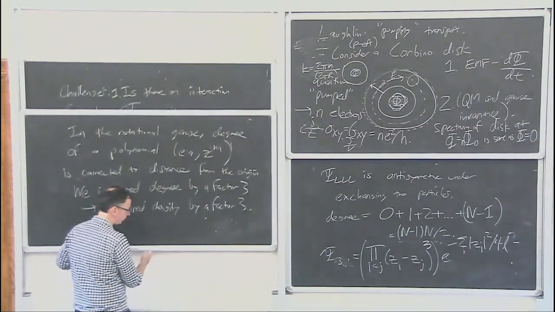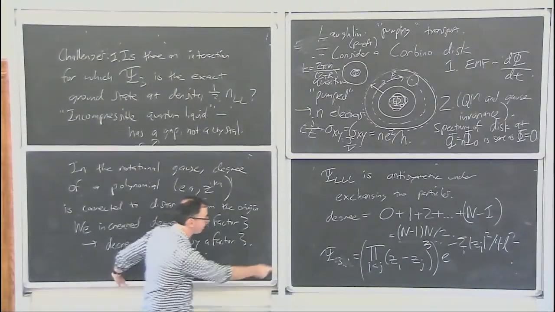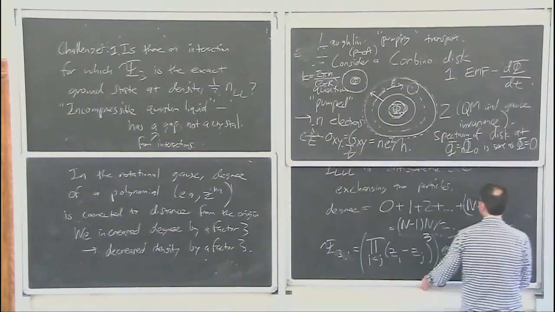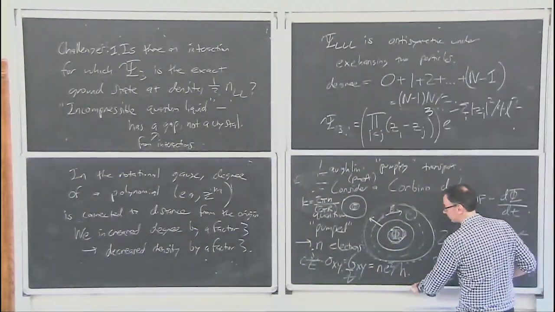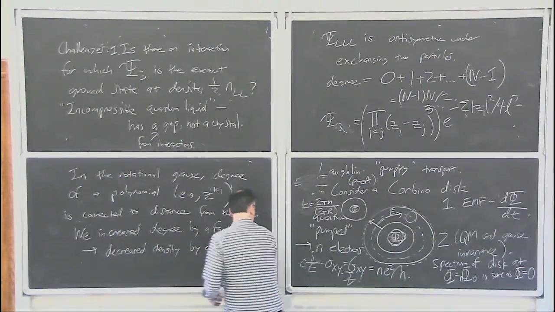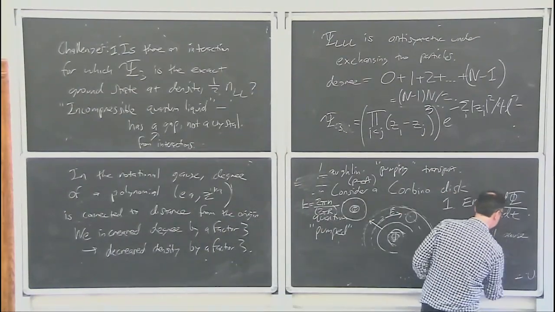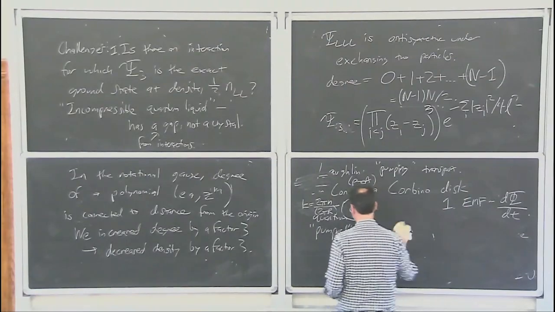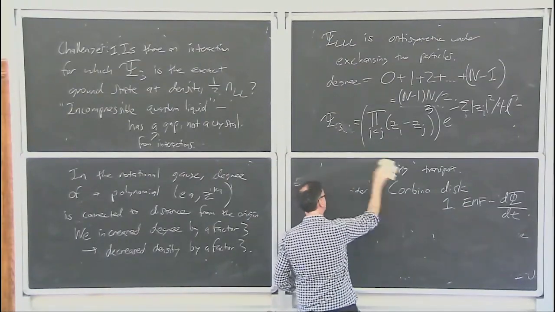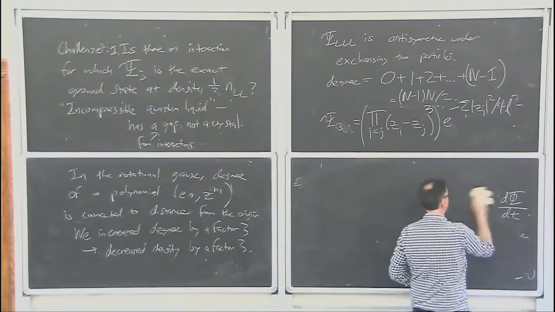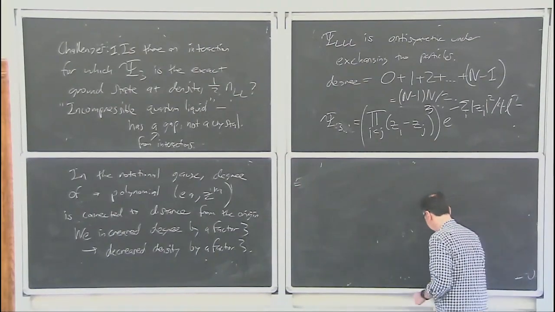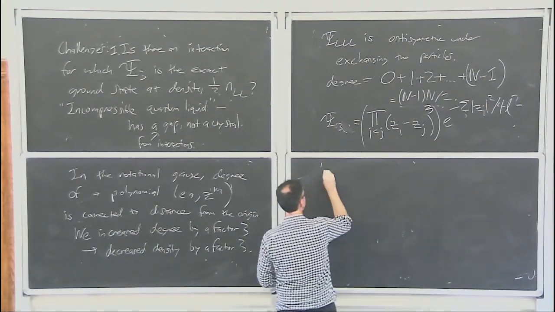So if we were going to make a picture of what this state with the 3 is doing, well, let's just compare it to the integer quantum Hall state. In other words, filled Landau level.